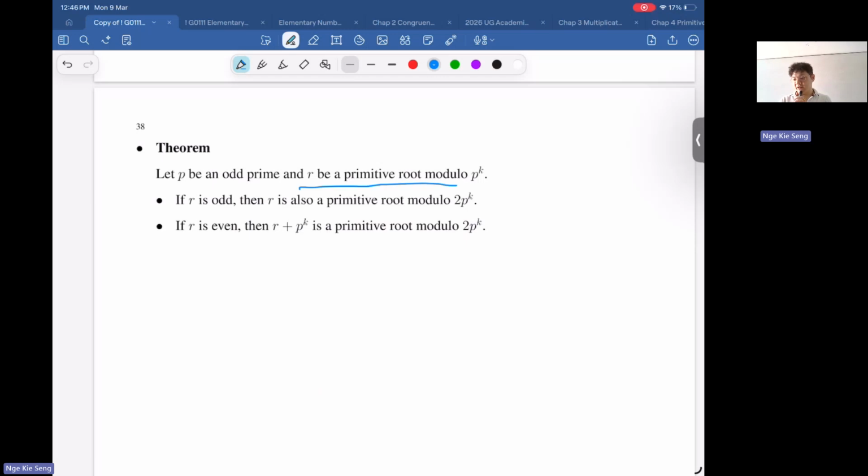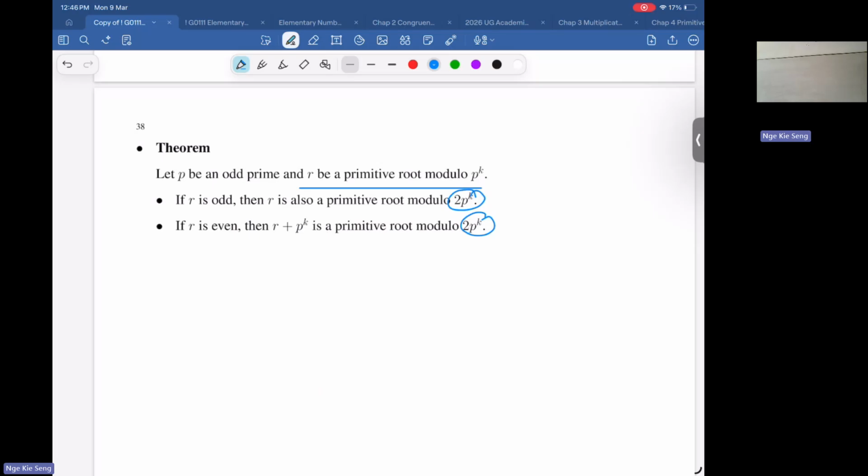So you see where our starting point is? Previously, we know that we can find a primitive root for p to the k. But now we extend it a little bit further, considering 2 times p to the k. For every odd prime p, we can find a primitive root mod p to the k, and now we can find one for 2 times p to the k as well.